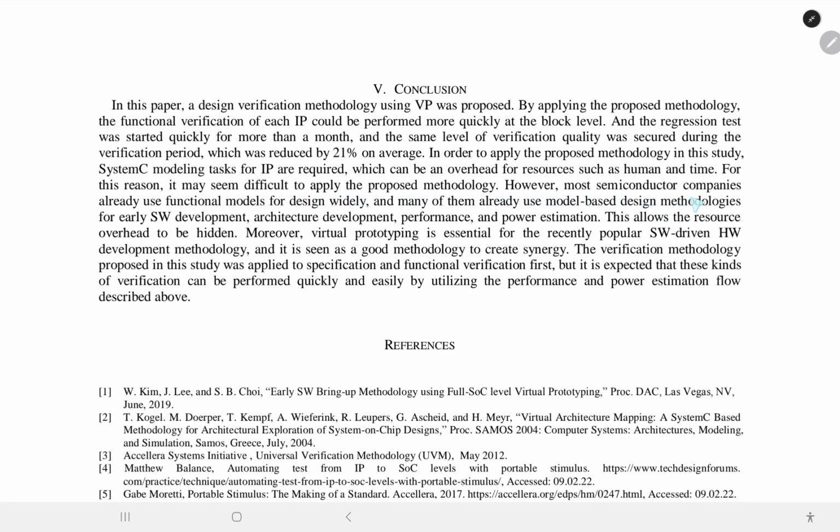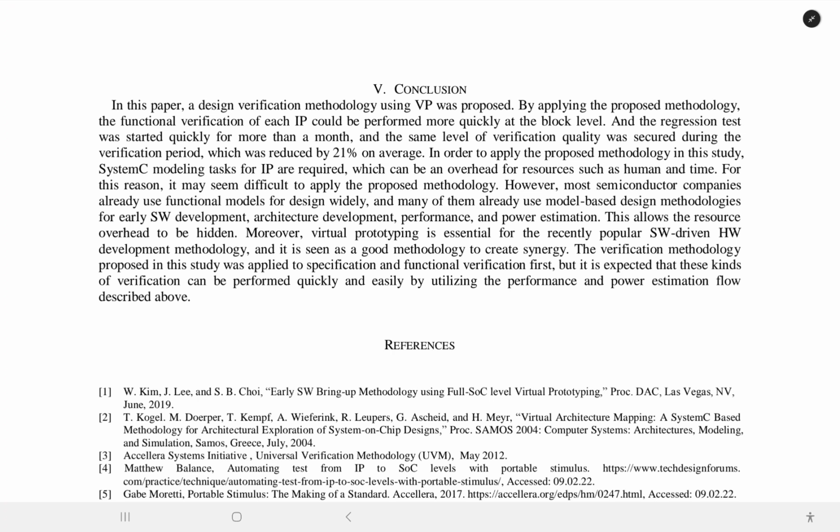However, most semiconductor companies already use functional models for design widely, and many of them already use model-based design methodologies for software development, architecture development, performance, and power estimation. This allows the resource overhead to be hidden.